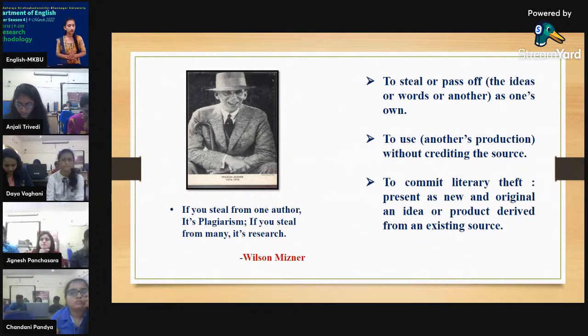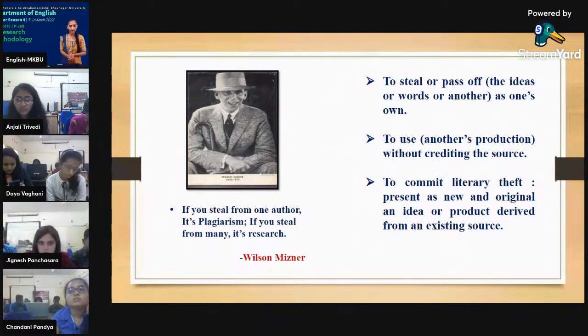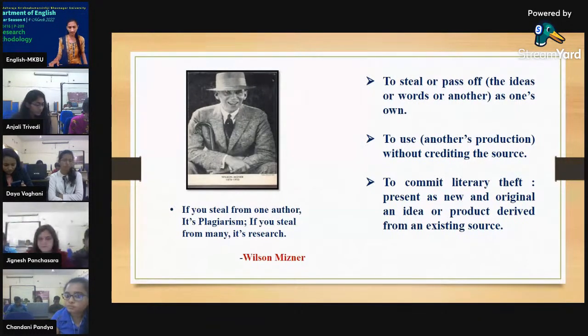Wilson Mizner says about plagiarism that if you steal from one author, it's plagiarism. If you steal from many, it's research. To steal or pass off the ideas or words of another as one's own is plagiarism. To use another's production without crediting the source is plagiarism, and to commit literary theft, presenting as new and original an idea or product derived from an existing source, is also plagiarism.